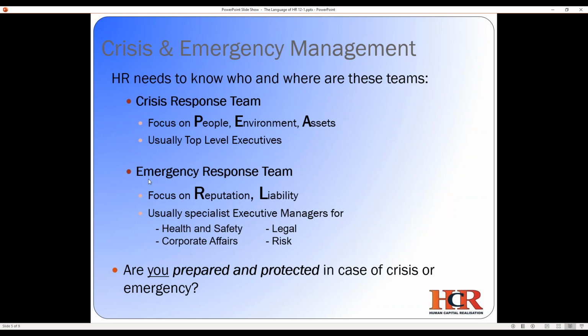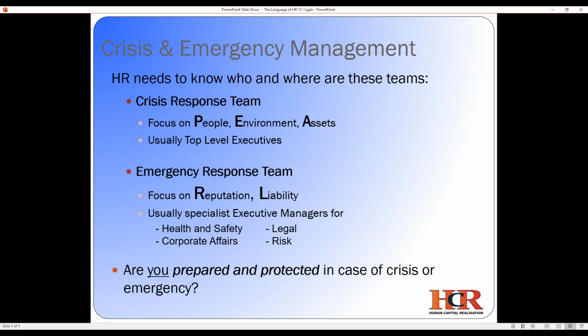And the emergency response team, they usually focus on reputation and liability. And you can see here that there's specialist executive managers who are nominated to be part of this crisis and emergency management team. But it's all for the purpose of ensuring that the organisation is prepared and protected in case of a crisis or an emergency.